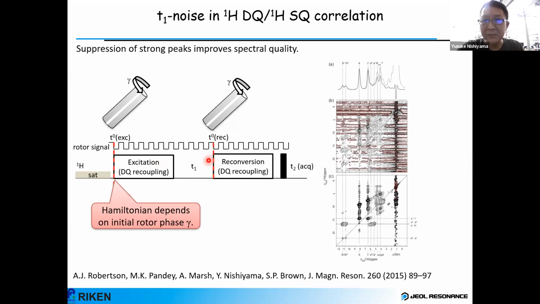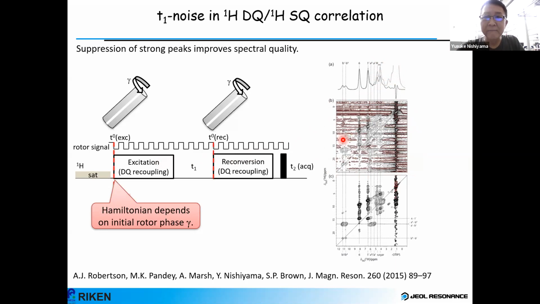This is especially problematic if we have a very intense signal. For example, in this case, we have an intense methyl signal. Then the regular double quantum, single quantum correlation experiment suffers from T1 noise very largely. Then we face a big difficulty to analyze it.